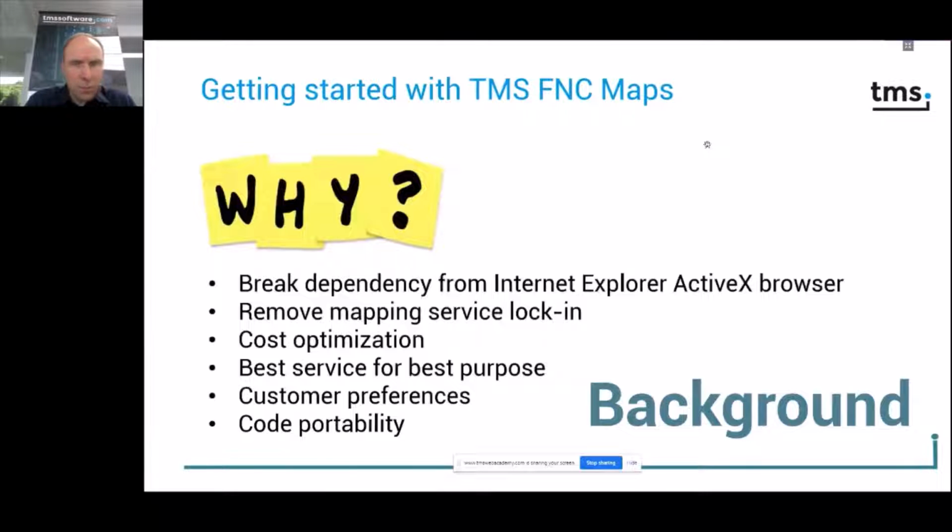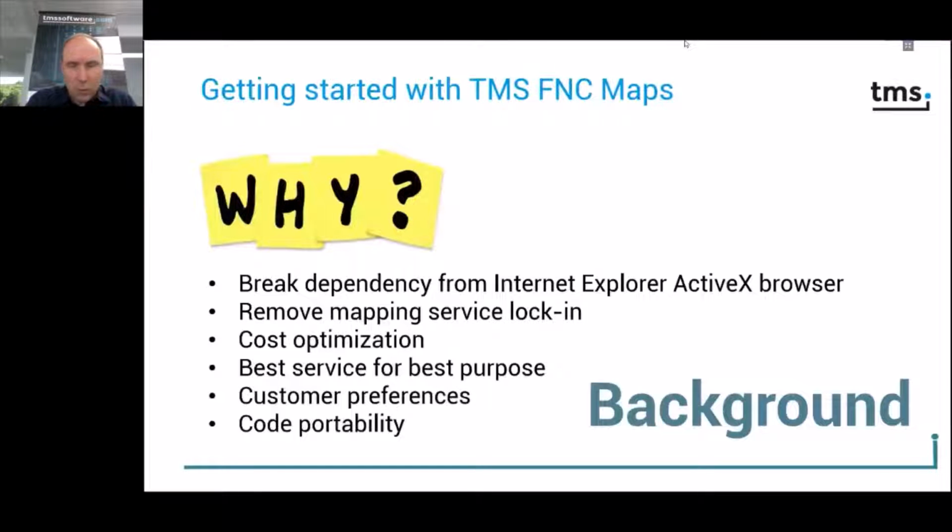At the same time, we also wanted to remove what we call mapping service lock-in. If you had been using a specific component for Google Maps, for example, in the past, that meant that, of course, as long as you were using that component, you were forced to keep using Google Maps or whatever other mapping service.